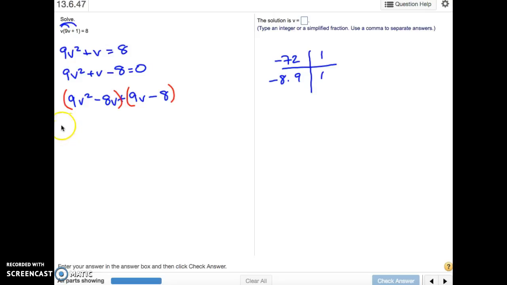So these both have a v in common, and that leaves 9v minus 8. These both have a 1 in common, 9v minus 8. Those match up. My other set, I get v plus 1.